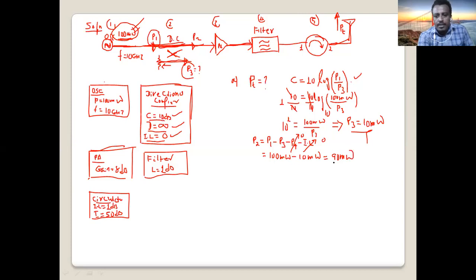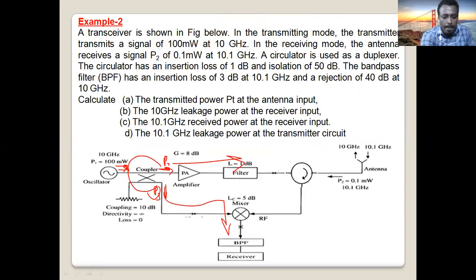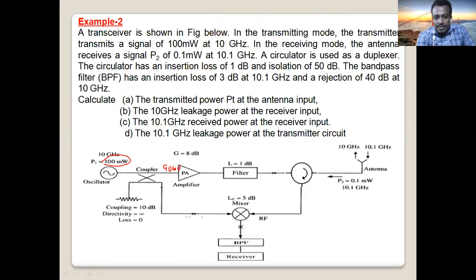Okay. This is the power here. Look here. So of this 100 milliwatt power, 90 milliwatt comes here. How about the 10 milliwatt? 10 milliwatt is coupled, sampled in port number P3 by our coupler. 90 plus 10, 100. The 100 milliwatt is divided into 2. Now this 90 milliwatt goes through the amplifier, goes to the filter, goes to the circulator, and is transmitted by the antenna.